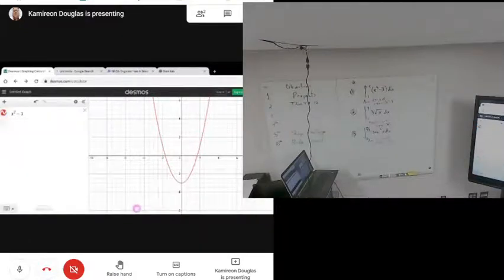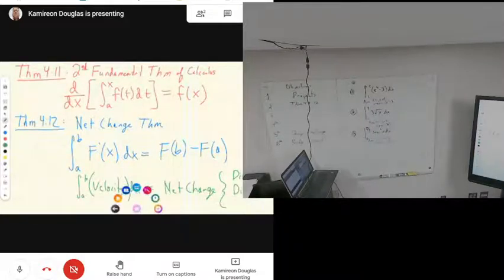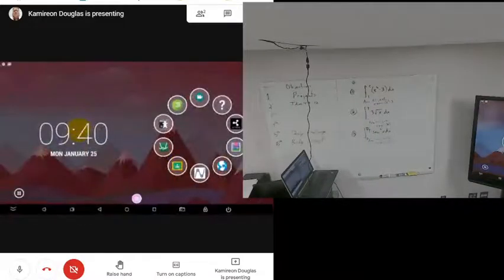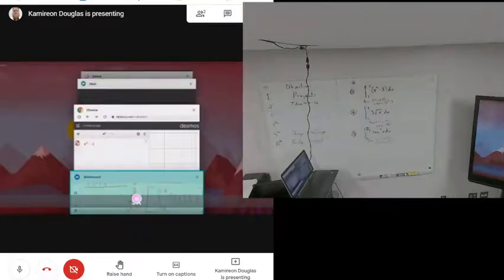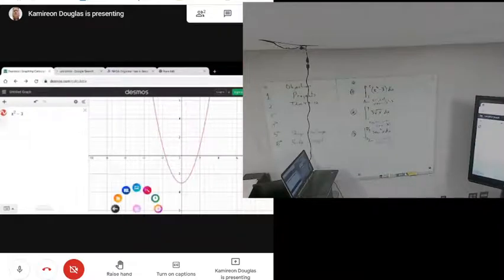In this case, we're looking at this area between 1 and 2 for the first function, this area right here.